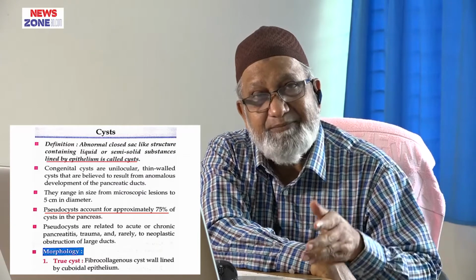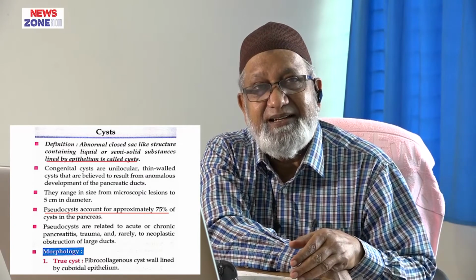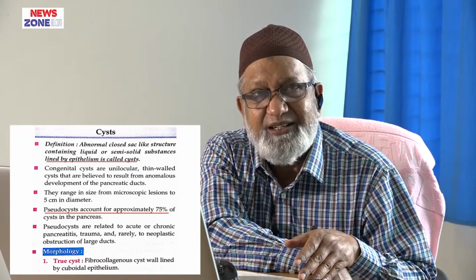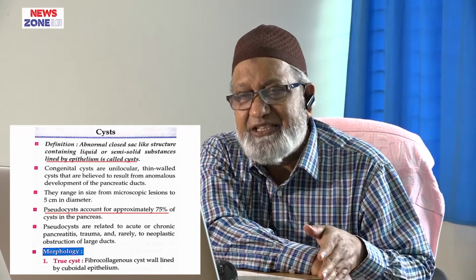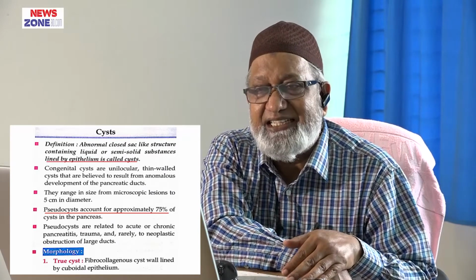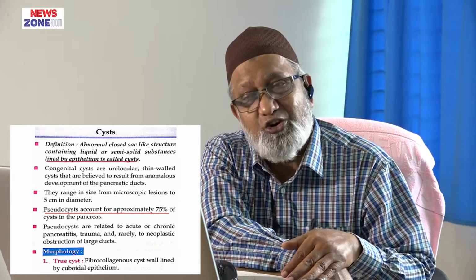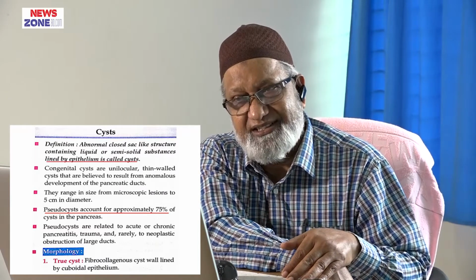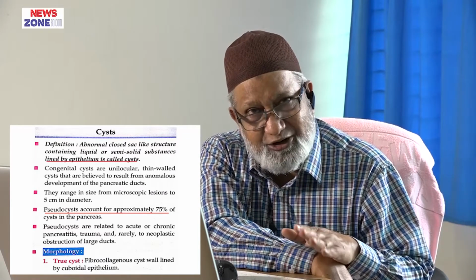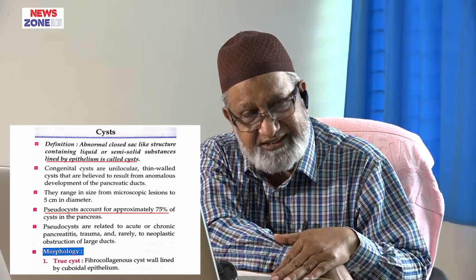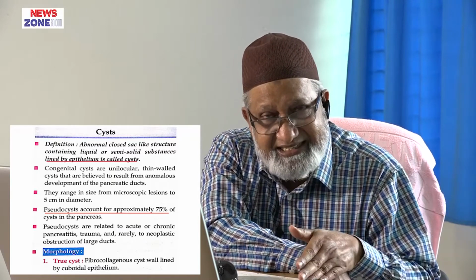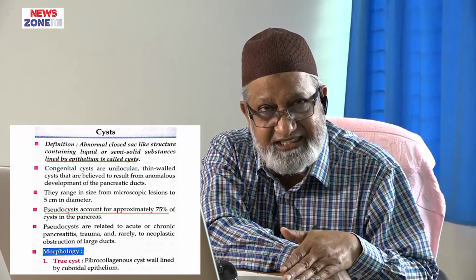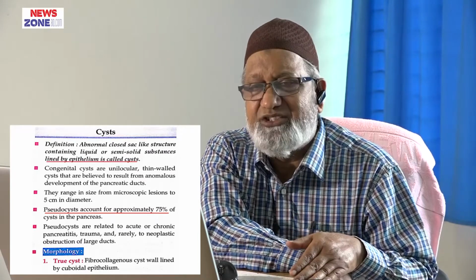But if this abnormal sac has no epithelial lining, then it is not called a cyst, it is called a pseudocyst. So, it is clear what is a cyst and what is a pseudocyst. If there is a lining, it is called a cyst. If there is no lining, it is called a pseudocyst.